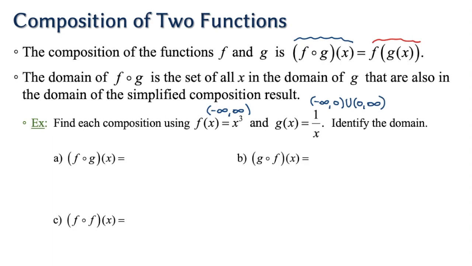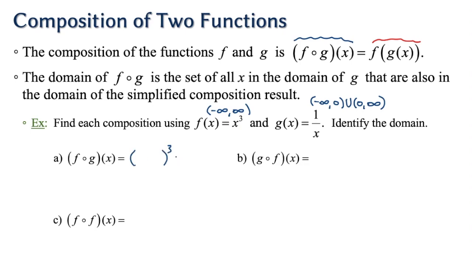For our first one, we're doing f of g of x. That means I'm going to take g, in this case 1 over x, and put it into all the x's of f. So this 1 over x goes in place of this. When I write it, I like to write down f of x and replace the x's with parentheses. Now f of x is simply x cubed, so f with parentheses instead of x's looks like this.